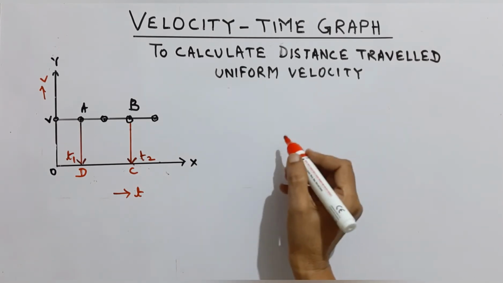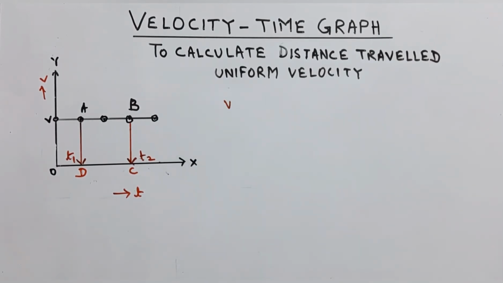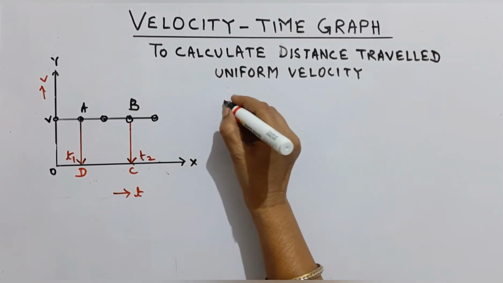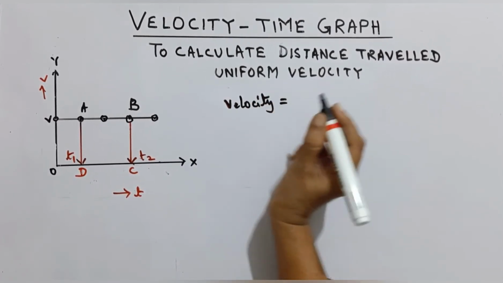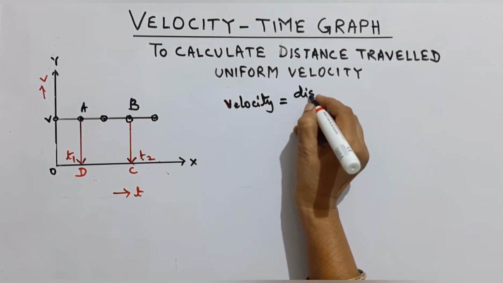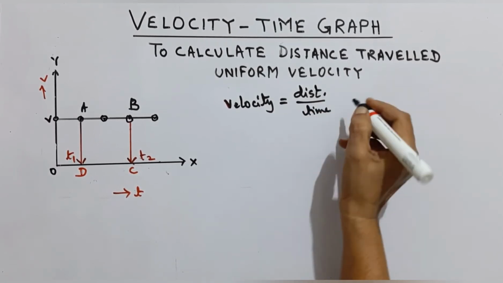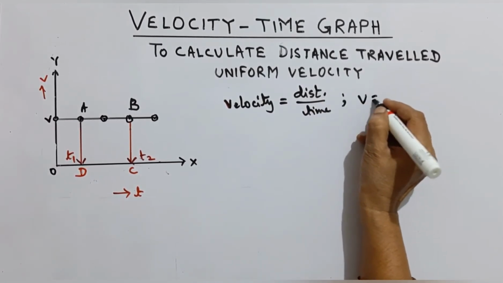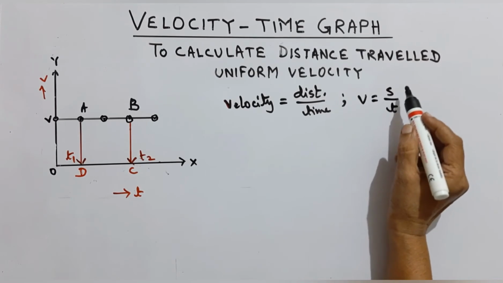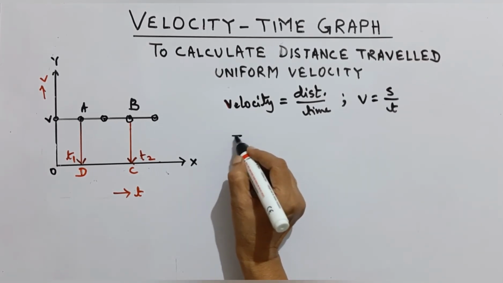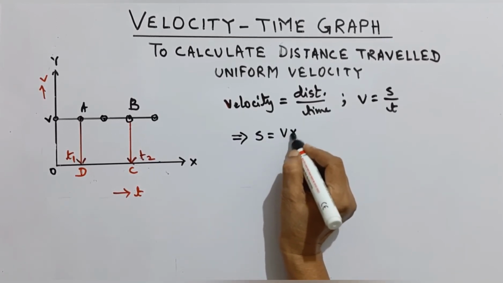From definition, we know that velocity is equal to distance travelled per unit time, or we say that v is equal to s upon t, which implies that s is equal to v into t.